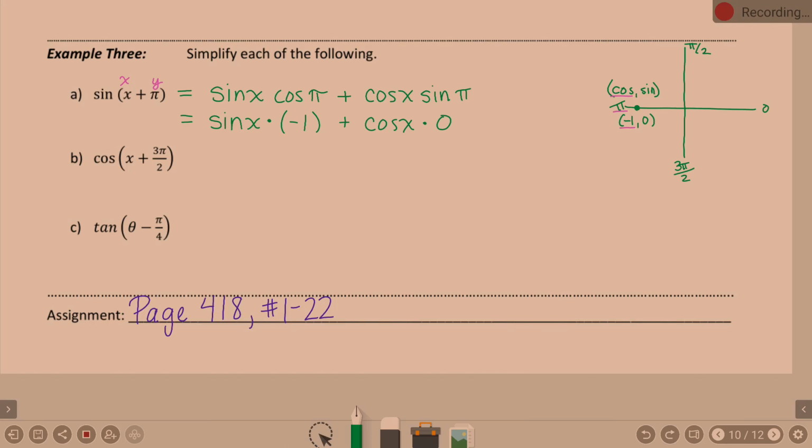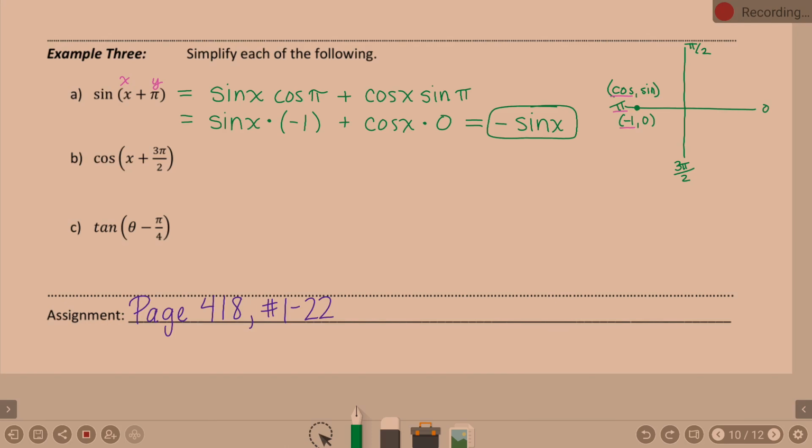Sine of x times -1 plus cosine of x times 0. What would you give as a final answer? Negative sine of x. Because sine of x times -1, so sine of x times a negative is just going to be negative sine of x. Cosine x times 0, anything times 0 is 0. So we end up with negative sine of x.